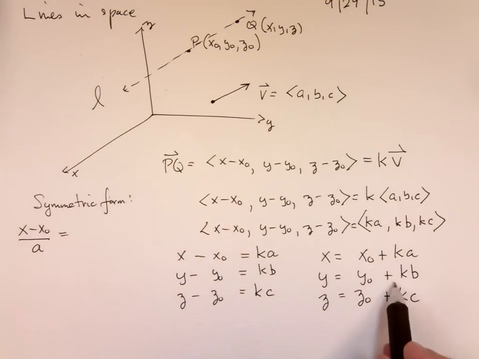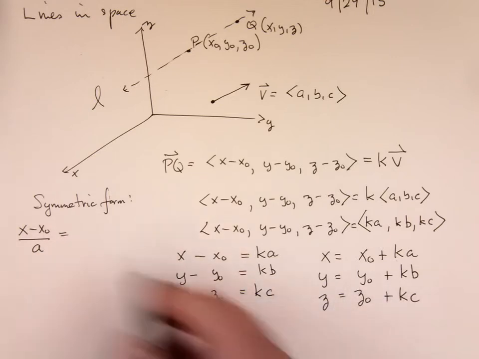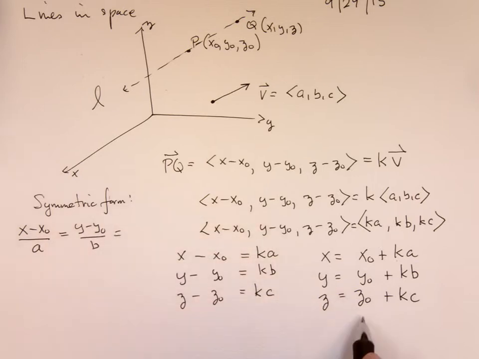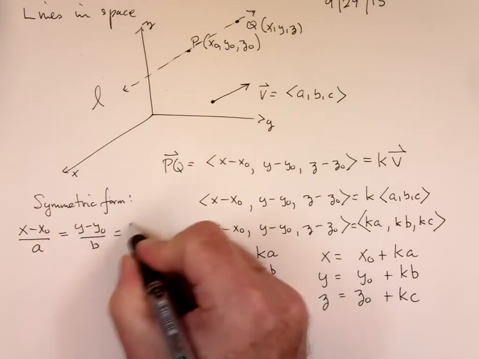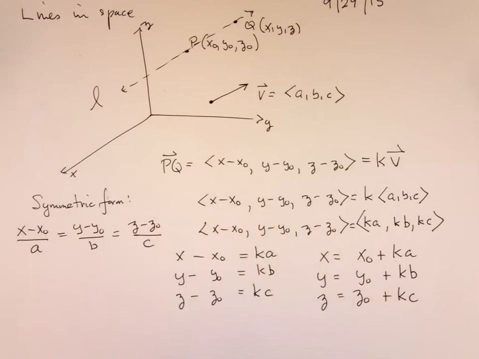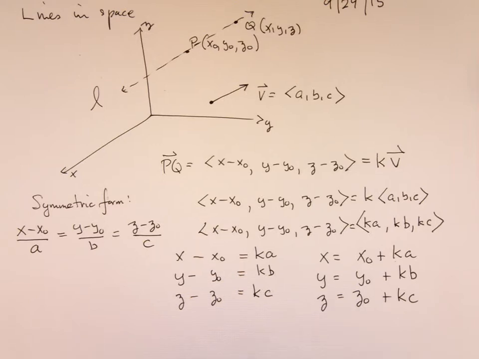Solve for k here and you get y minus y sub naught over b, and z minus z sub naught over c. This is called a symmetric form for the equation of a line in space. Like I said, it's not as useful as our parametric form. One thing you have to be careful about with the parametric form: there are an infinite number of ways to express this.